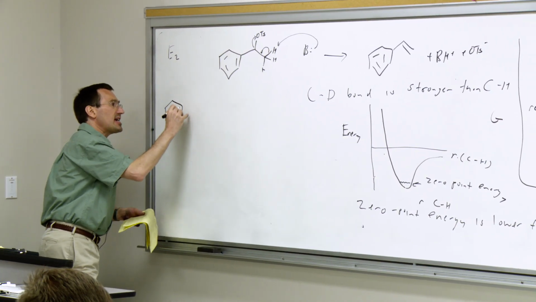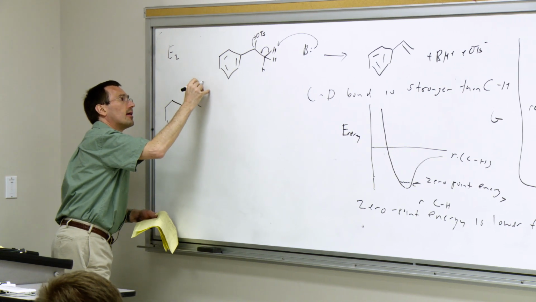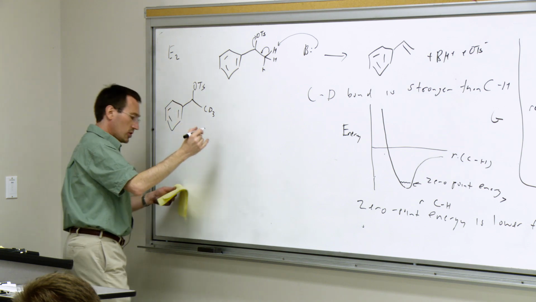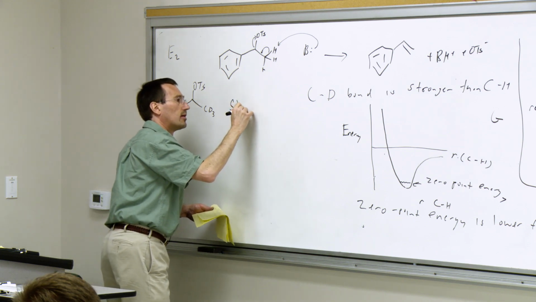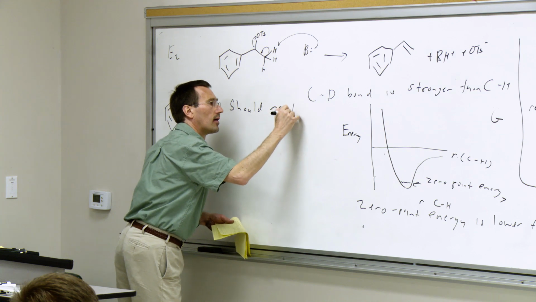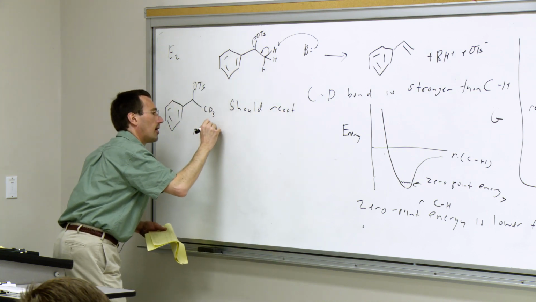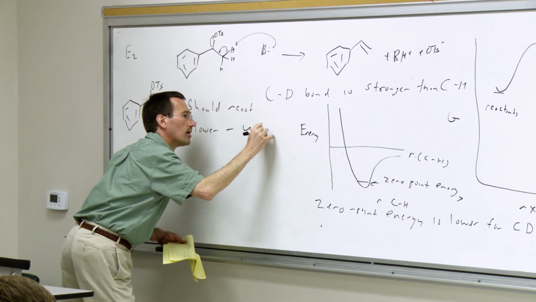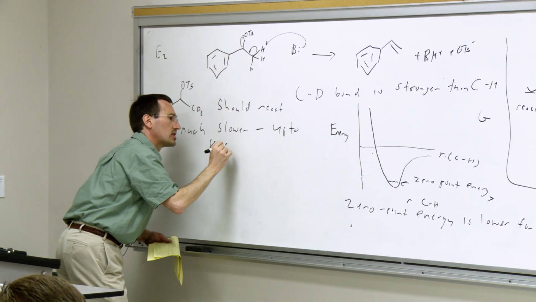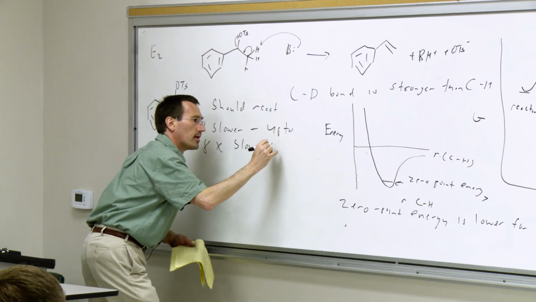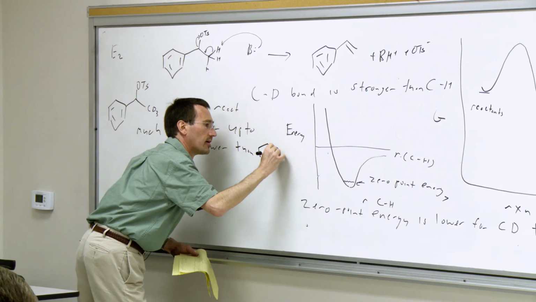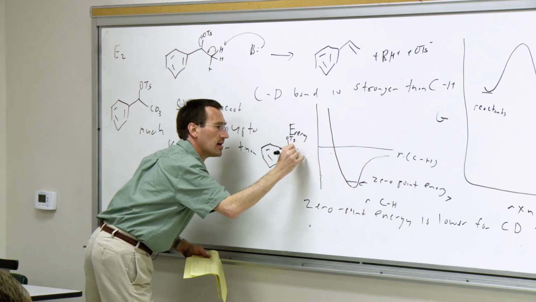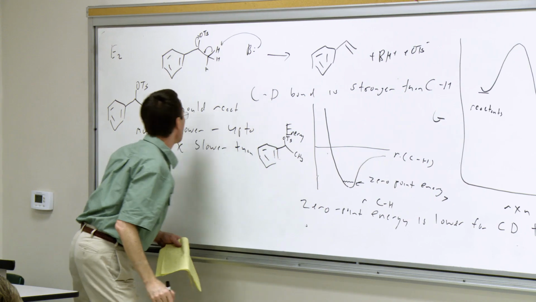So in this case, the deuterium compound should react much slower, up to 8 times slower than the corresponding proton compound.